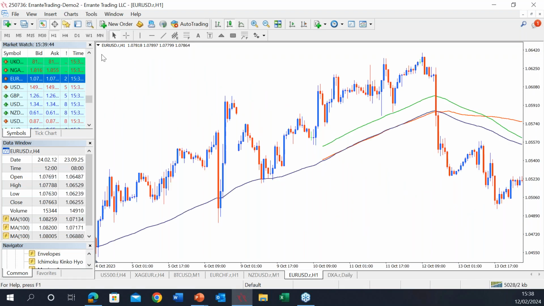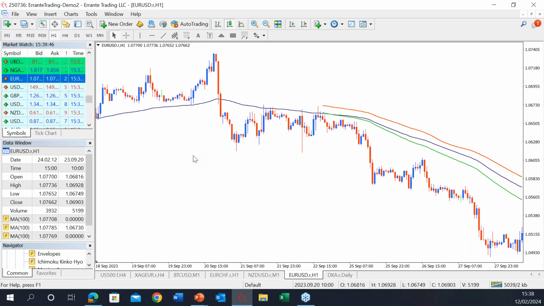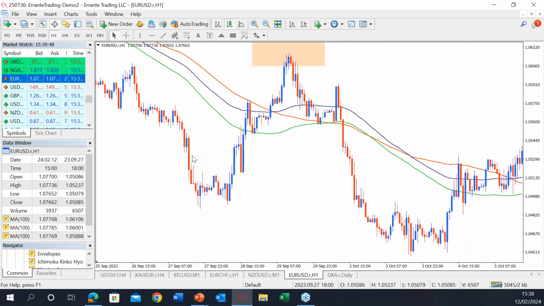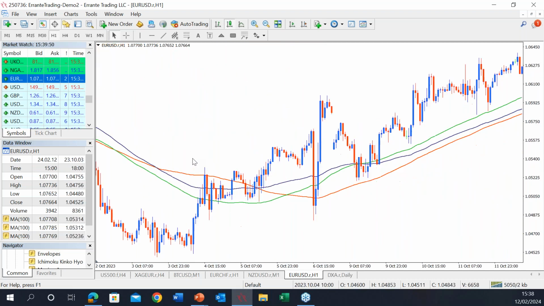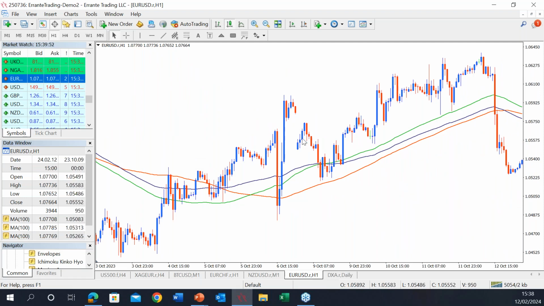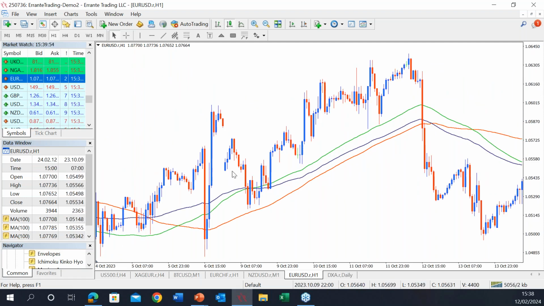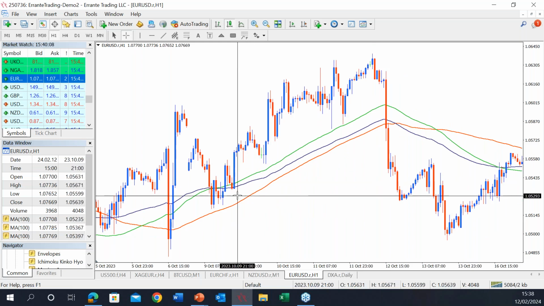But maybe in another time frame, we might choose another type of moving average. For example, in this trend, you see the simple moving average upholds a very solid support level here, but it's a bit far from the price.